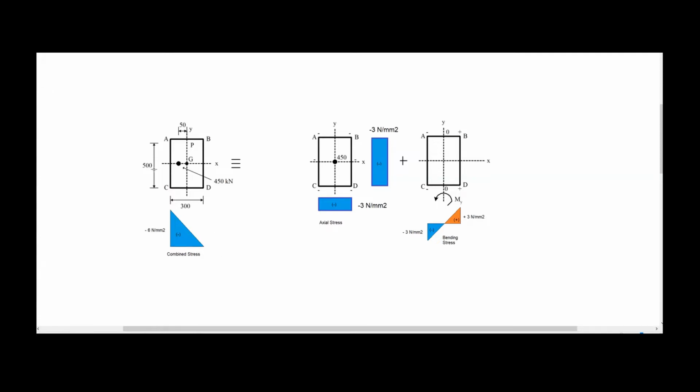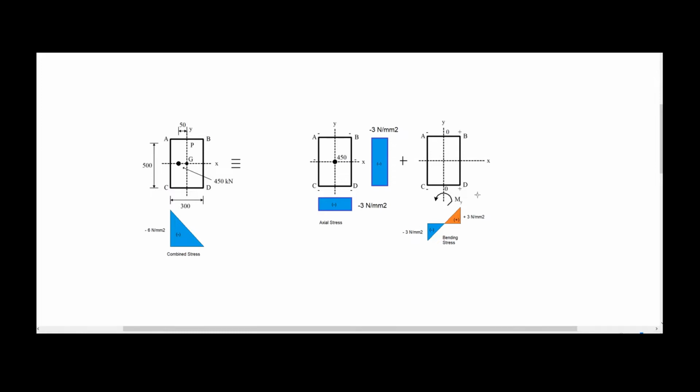just because analyzing what happened, for example, in the fiber AC, this vertical fiber in here, we have a compressive stress because the axial stress is equal to -3, minus 3 Newton per square millimeter, again because of the bending. -3 is -6. What's happening in the fiber BD is something particular, just because of the values we have in this case. In this fiber we had -3, and in this fiber we had 3 positive.